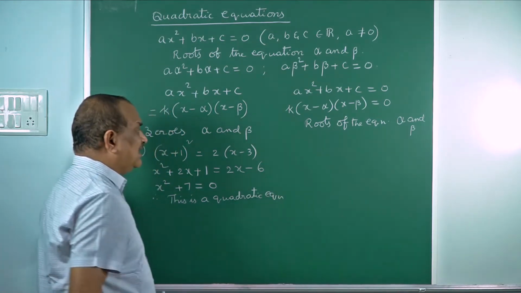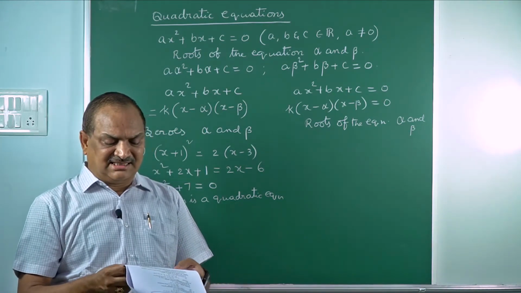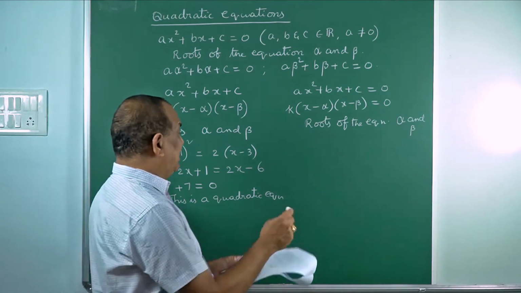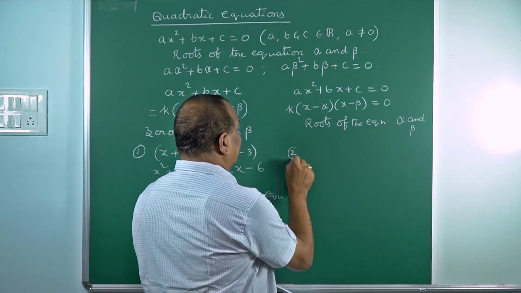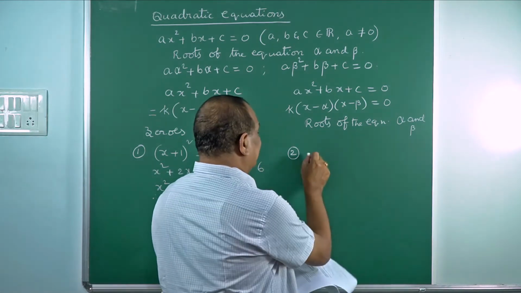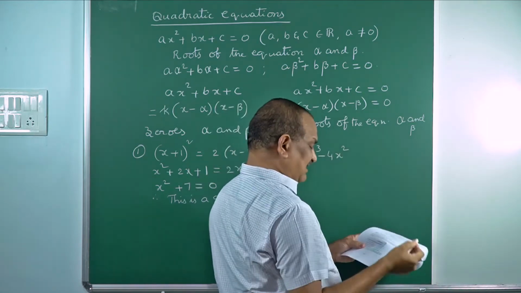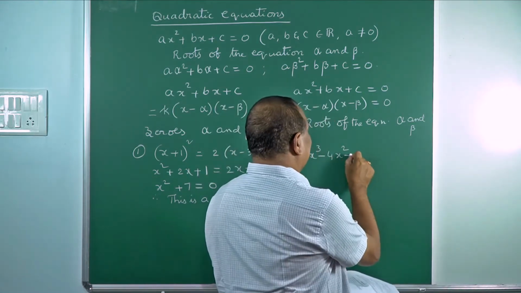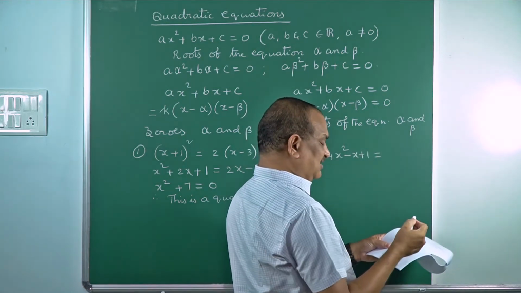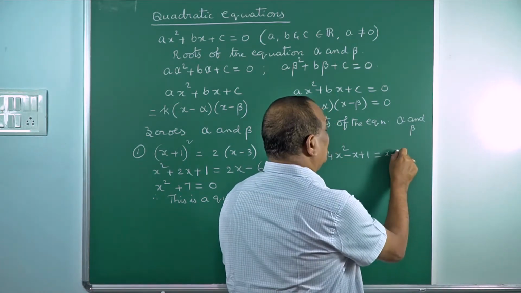I'll take one more equation and we'll check if it's a quadratic equation. My second problem: x cube minus 4x square minus x plus 1 equals (x minus 2) whole cube.